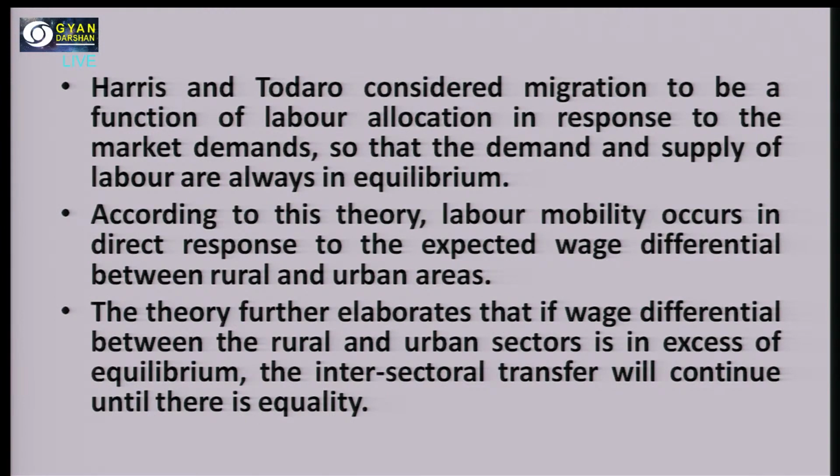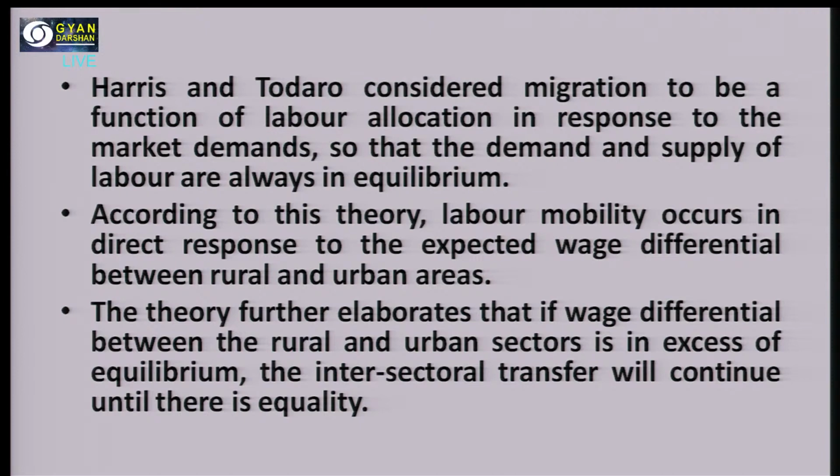Harris and Todaro considered migration to be a function of labor allocation in response to market demands, so that the demand and supply of labor are always in equilibrium. According to this theory, labor mobility occurs in direct response to the expected wage differential between rural and urban areas.